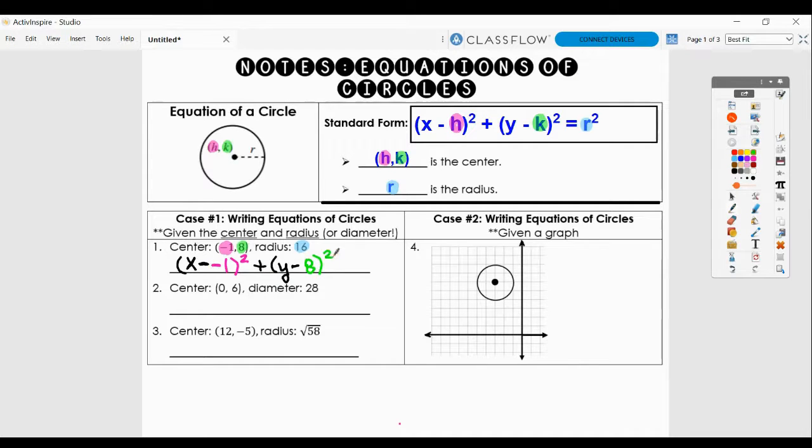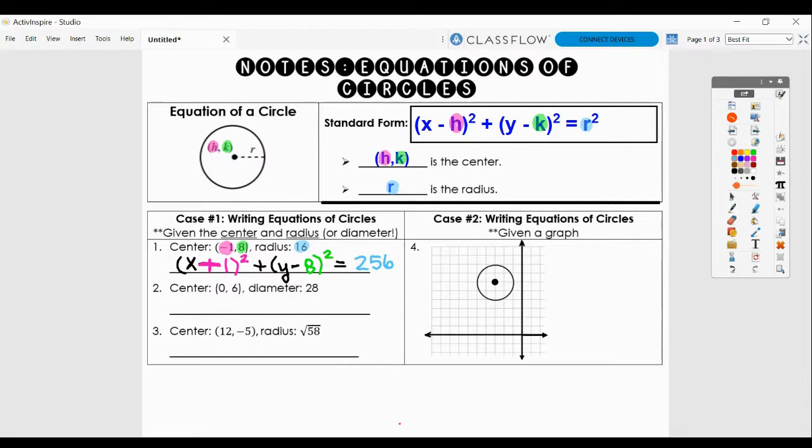Close the parentheses and square it, and it will be equal to our radius, which is 16 squared. We'll clean it up just a tad bit. Two negatives end up making a positive here for our equation of the circle. And then 16 squared, when you do that in the calculator, you get 256.